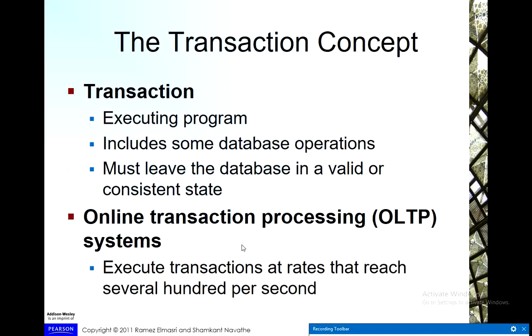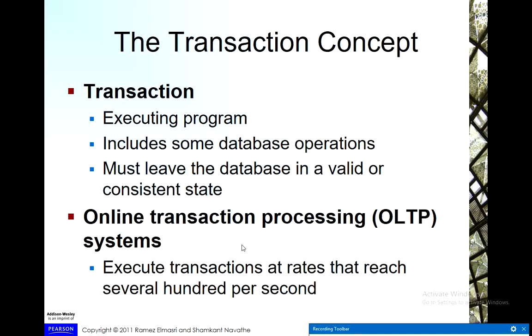Okay, and then the last thing we'd like to talk about is the transaction concept. A transaction is something that you execute in the program to include some operations. And when you do a transaction, you must leave the database in a valid or consistent state, so that either all of the transaction is done or none is done. For example, you are transferring money from one bank to another.